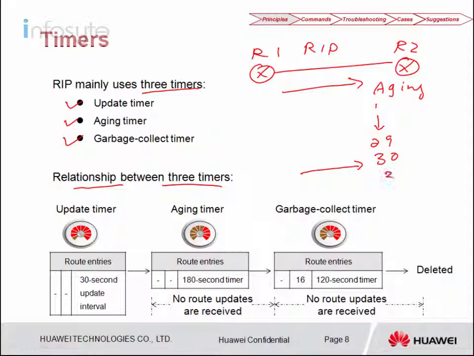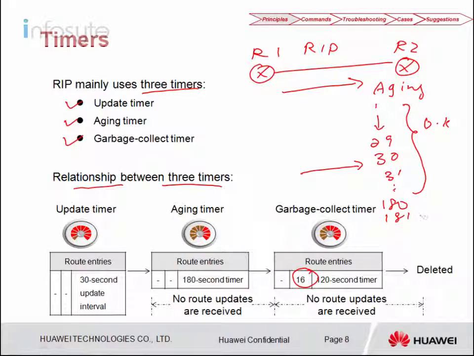Now R2 is going to continue the aging until 180 seconds. Now during the process of aging from the 1st second until 180 seconds, this route is okay, it's still reachable. Now by the time of 181 seconds, it will go into the garbage collect timer.